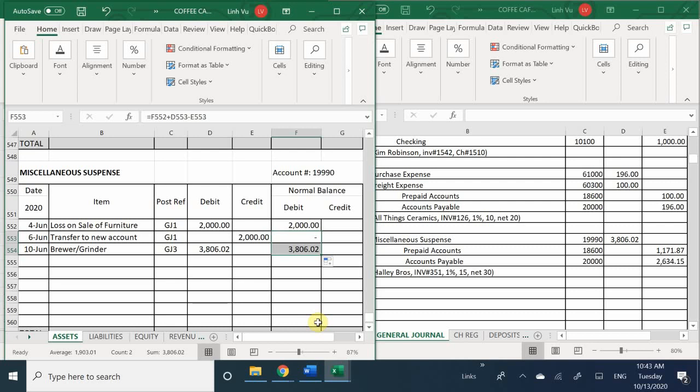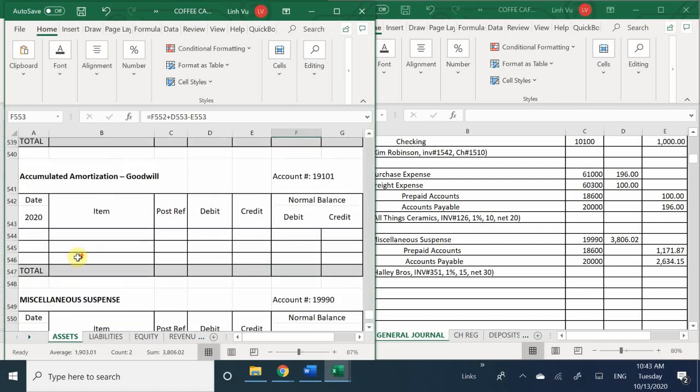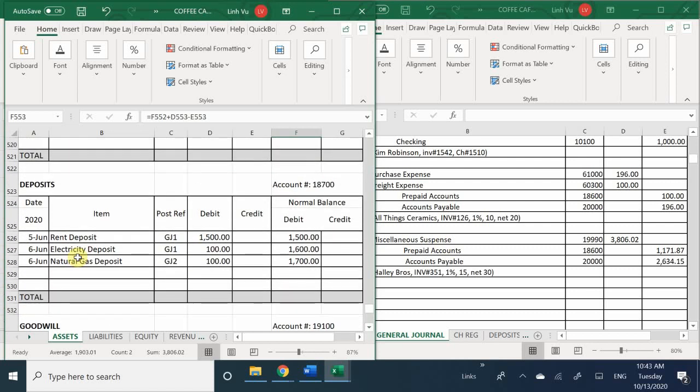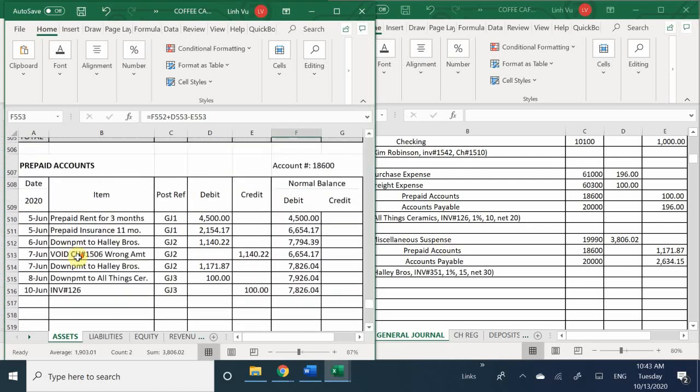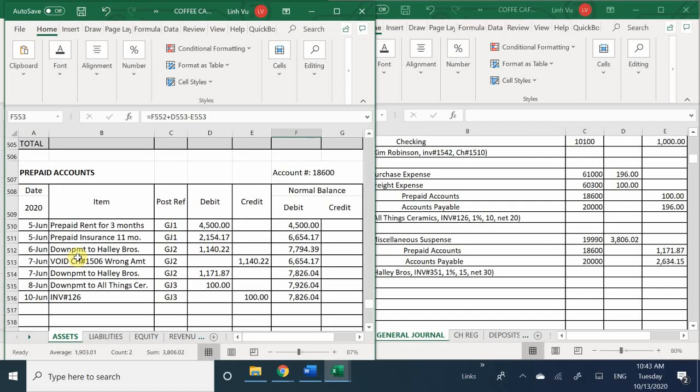Then we're going to go right up to prepaid accounts, and we're going to deduct that amount for the coffee brewer and grinder. So here I'm going to go ahead and indicate this, and my prepaid accounts here should be for the invoice number 351, okay? General journal number 3.